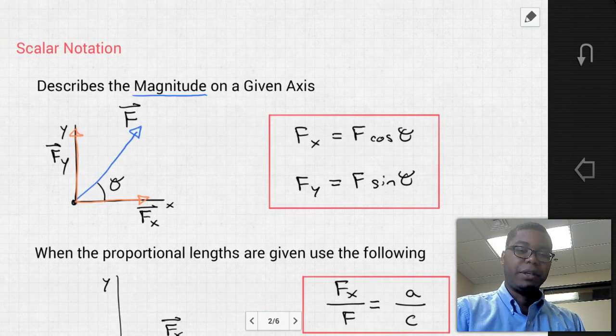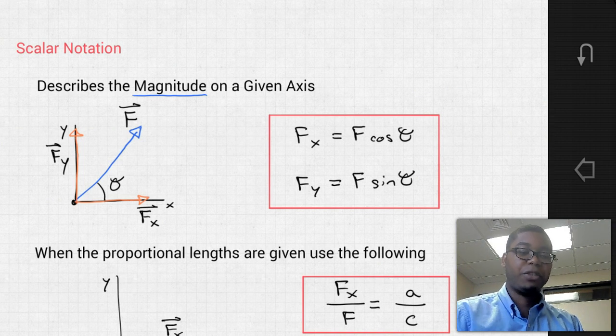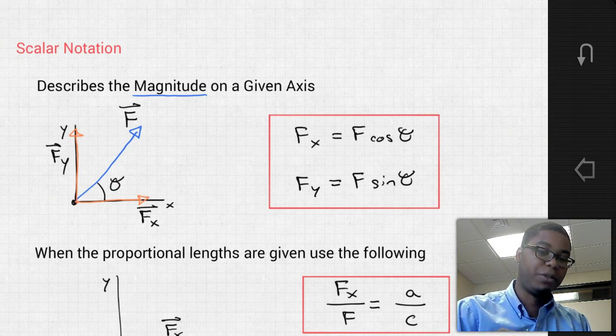Now that we've identified this, let's go ahead and look at how we deal with force vectors and scalar notation. So scalar notation describes the magnitude on a given axis. So if we were to take some force vector F at some angle and decompose it, we can decompose it into a force magnitude Fx and a force magnitude Fy.